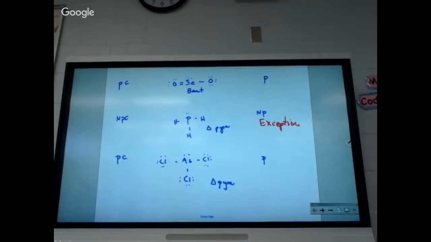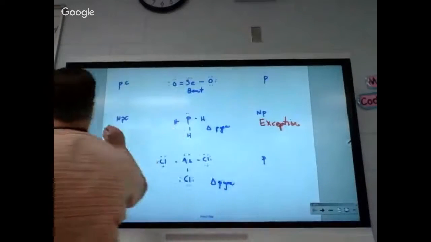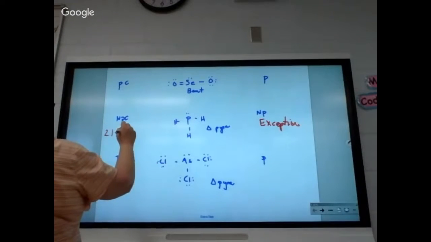All right, if you look at the second one, most of you, who did it anyways, said that it was a polar molecule because it had lone pairs, right? Yep. Now, look at what you got when you subtracted over here. This was 2.1 minus 2.1.